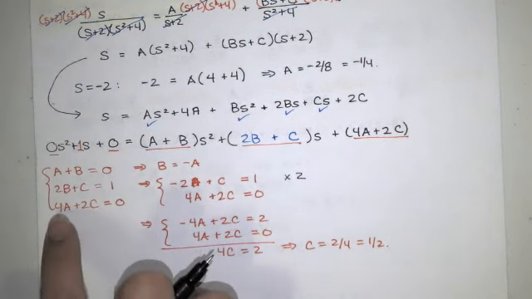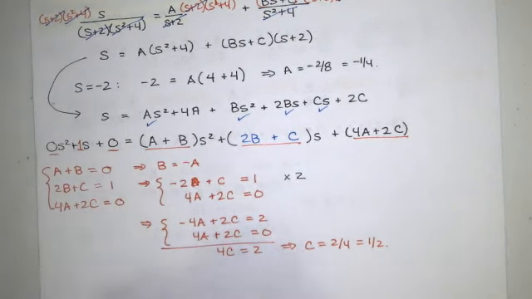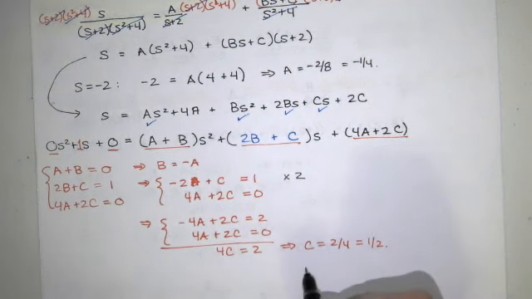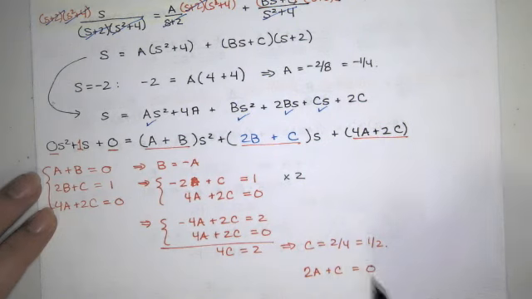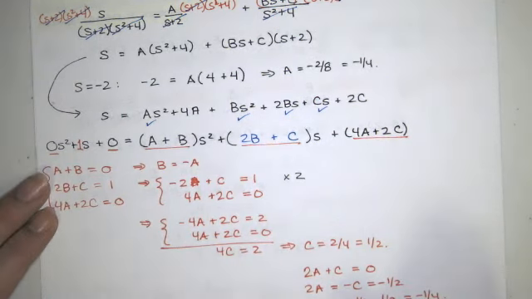Since c is equal to 1/2 and 4a plus 2c is equal to 0, if I divide that equation by 2, 2a plus c is equal to 0. So 2a is equal to negative c, which is negative 1/2, and that means a is 1/2 of negative 1/2, so that's negative 1/4. And b is the opposite of a, so b is positive 1/4.